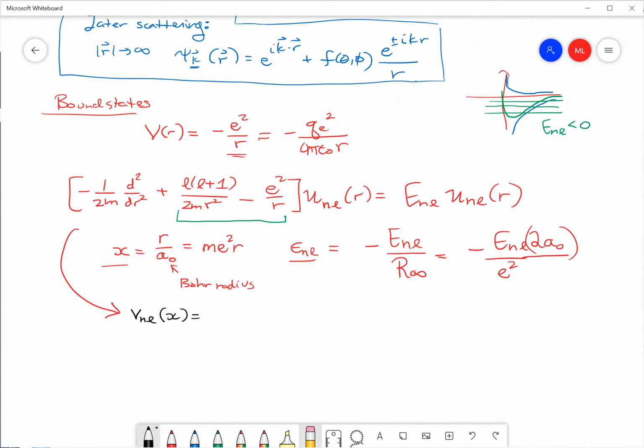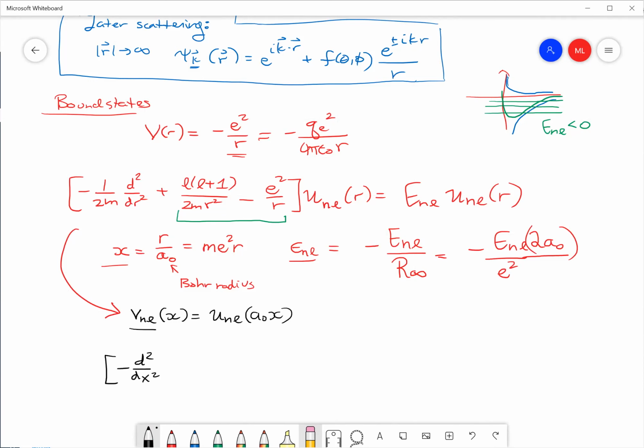So you define a new wave function that's the old wave function, but instead of r, you replace r with a naught times x, because r is equal to a naught times x. If you do that replacement and write down the differential equation for v, you just get 2 derivatives with respect to x.